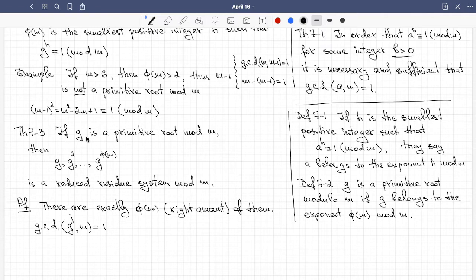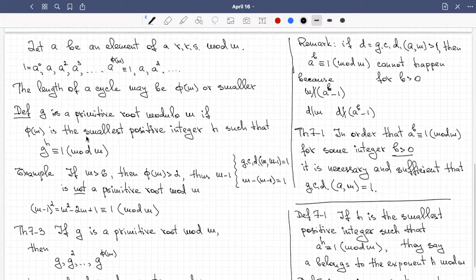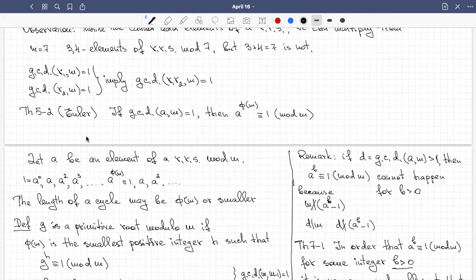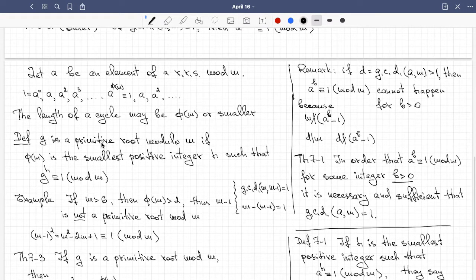Remember, we started with the observation that we can multiply elements, we can take powers of an element A in the reduced residue system, otherwise we fail miserably. So G, a primitive root, is an element of the reduced residue system.